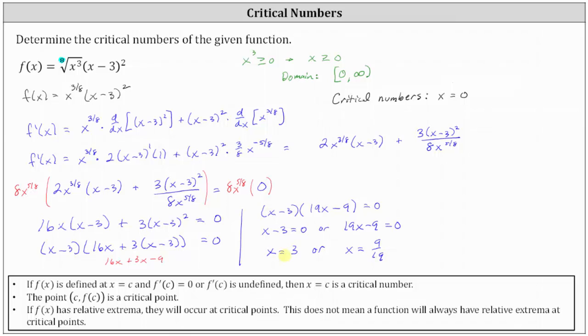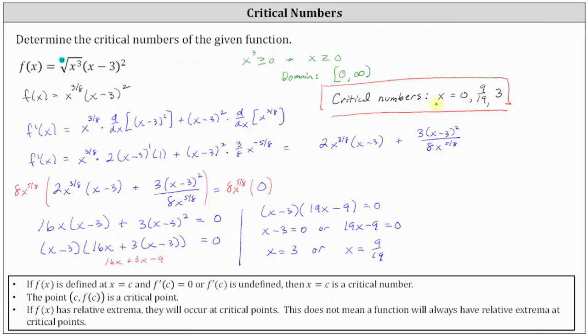Notice both x equals 3 and x equals 9/19 are in the domain of the given function, and therefore we have two more additional critical numbers. The critical numbers are x equals 0, x equals 9/19, and x equals 3. Which indicates if the given function does have any relative extrema, they would have to occur at these critical numbers.